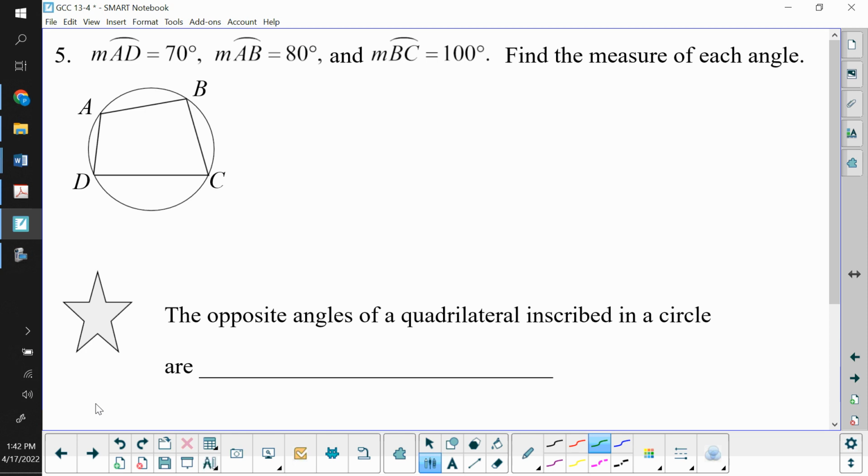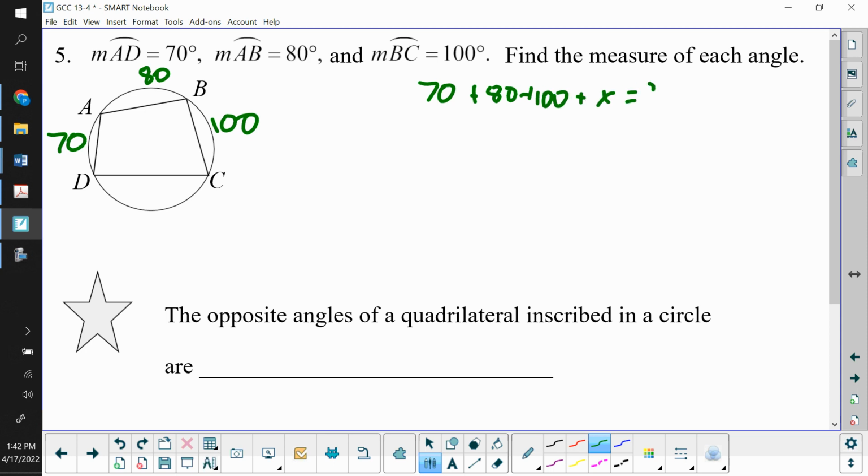All right, so here they tell us some arcs. We've got arc AD is 70, arc AB is 80, and arc BC is 100. Well, we should be able to find arc DC as well because all the arcs in the circle should add up to 360. So if we do 70 plus 80 plus 100, then we can just pick a variable that's not in the problem.